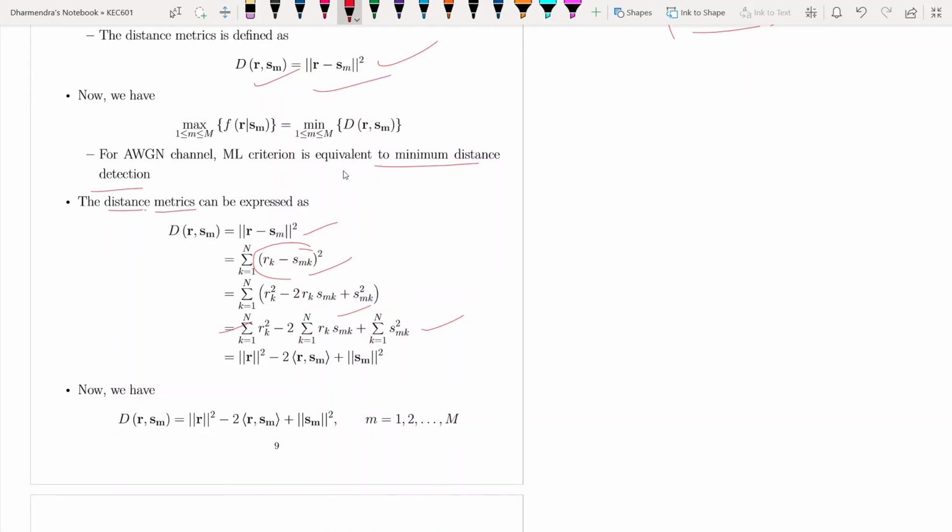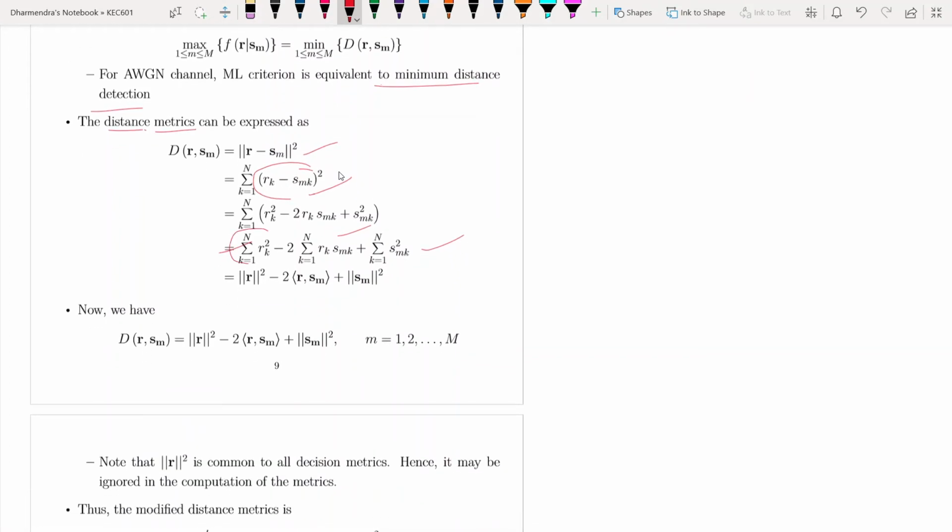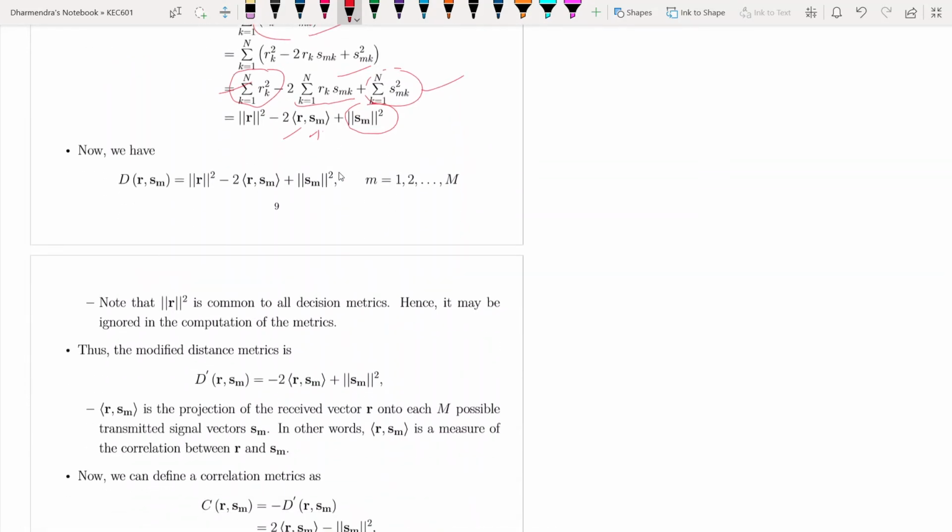This summation is the square of the norm of the received vector, this can be written as the inner product of the received vector with Sm, and this is the square of the norm of Sm, the transmitted signal vector.